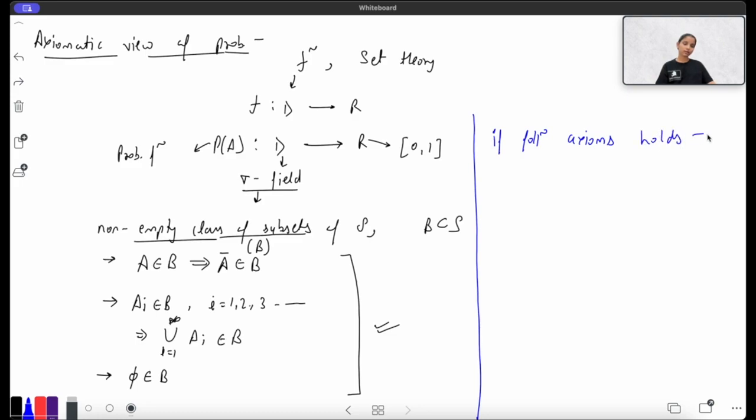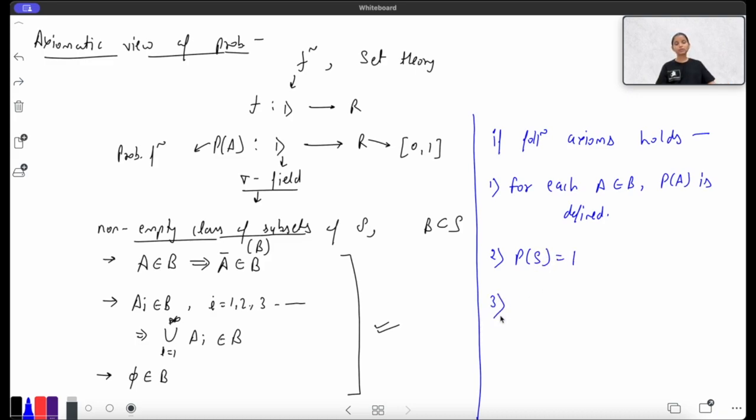What are these axioms? The first axiom is, for each A belonging to B, the probability of the event A is defined. Second, probability of the whole sample space S is equal to 1.